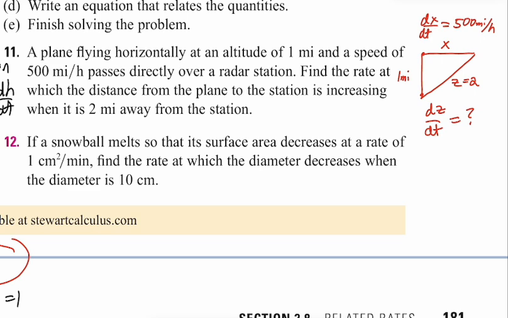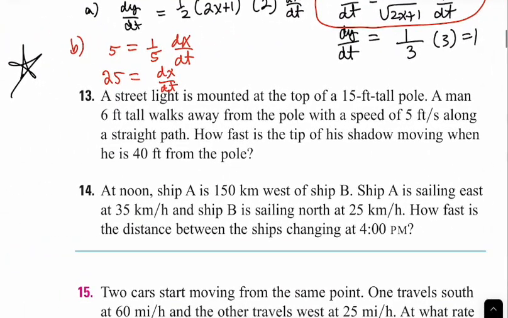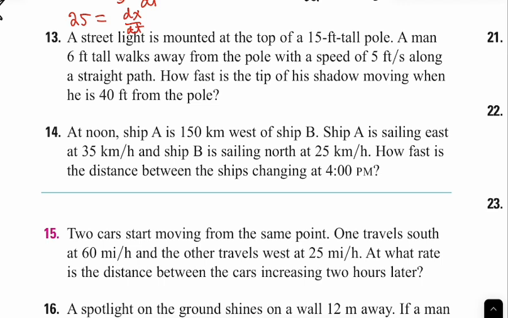Now, you're going to have to use Pythagorean theorem to find this length right here, but you're just going to use Pythagorean theorem for number 11. So that's a common thread for these ones, okay? So let's look now at 13, and let's just look at the setup. Now, this is very similar to problem number 5 that I told you was the hard one on our project, okay?